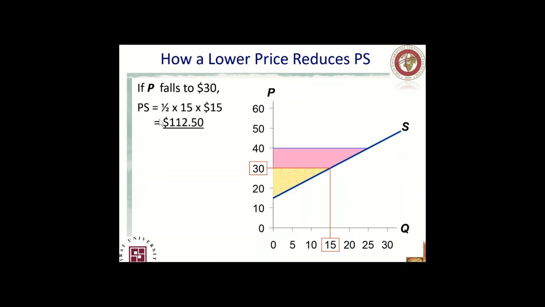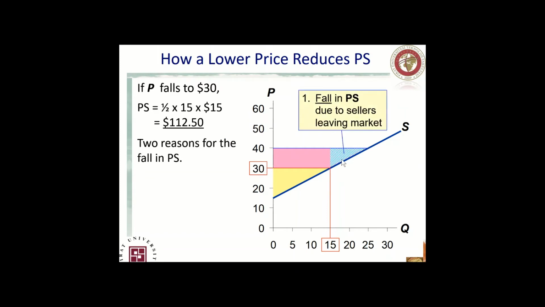Now look at the first one. If the price falls from 40 to 30, what happens? Look at these two areas. The first one is this one: the fall in the producer surplus due to some sellers leaving the market. This is a triangle.